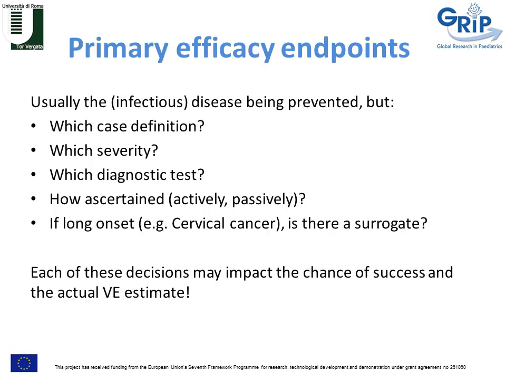As mentioned before, the definition of the primary efficacy endpoint is certainly the single most critical aspect of a Phase 3 efficacy trial. The actual disease that makes up the endpoint is usually obvious, but as often in medicine, the way a case of the disease is defined may vary a lot. Some diseases that are notorious for having multiple case definitions are, for example, pneumonia and acute gastroenteritis.